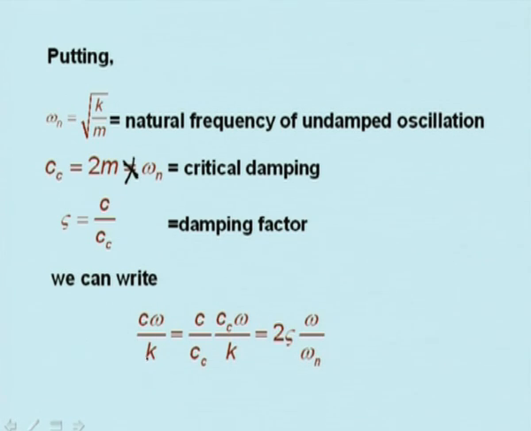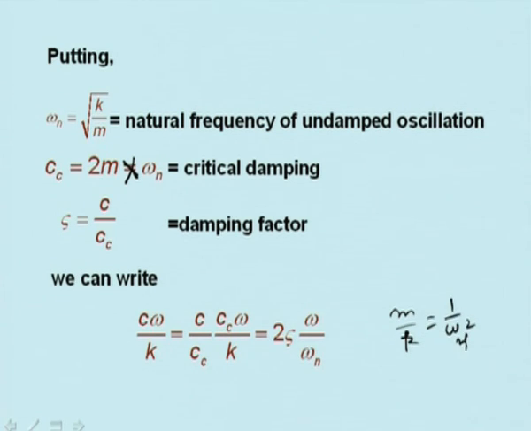We can write cω/k as (c/cc)(ccω/k), that means 2ζω/ωn, because cc is equal to 2mωn, and m/k is basically 1/ωn².